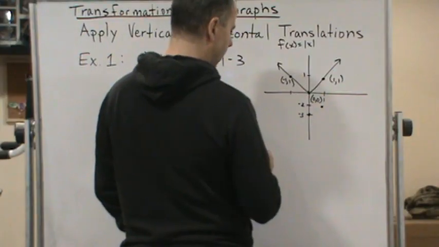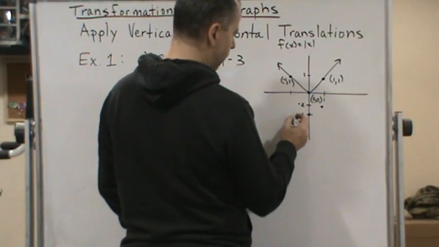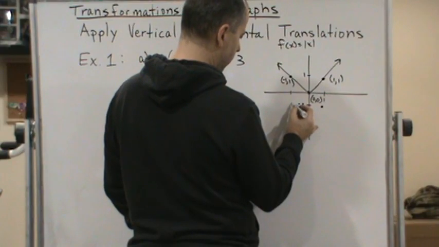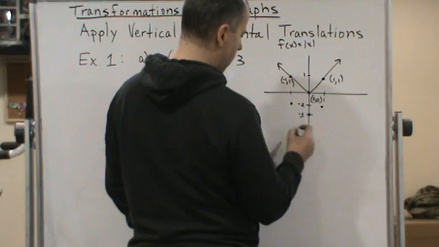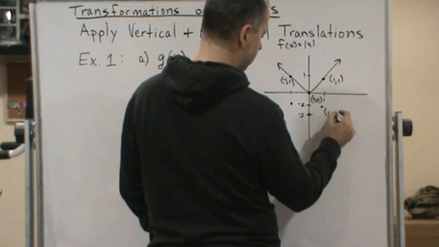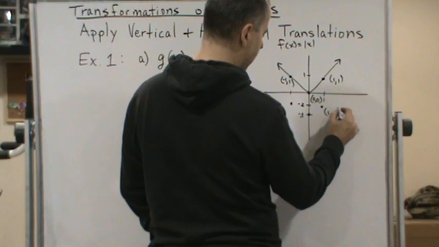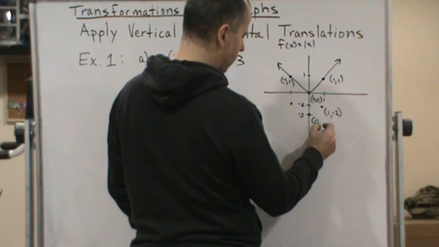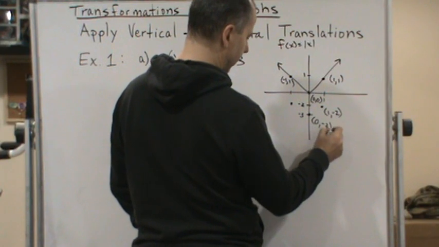Right? And then this is going to shift down 3 units, which is also going to go to negative 2. So this is going to go to what? It's going to be 1 comma negative 2. The vertex shifted down to 0 comma negative 3.